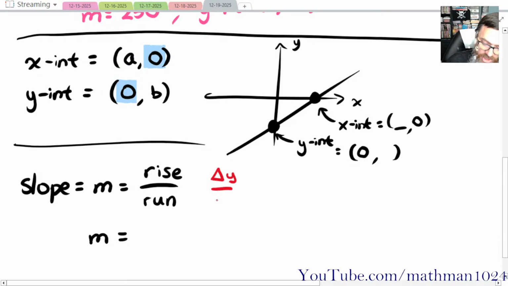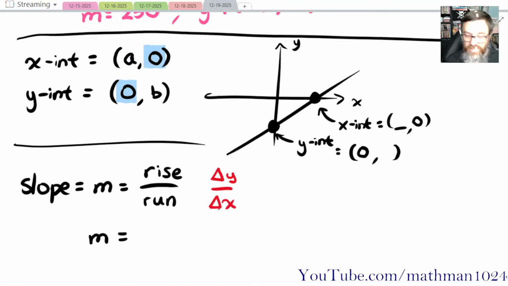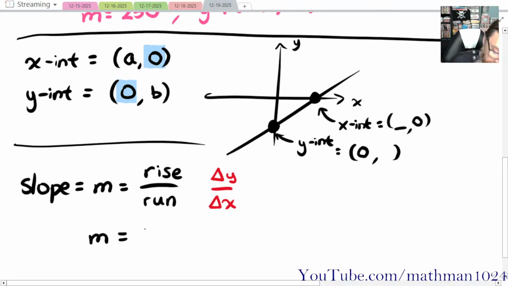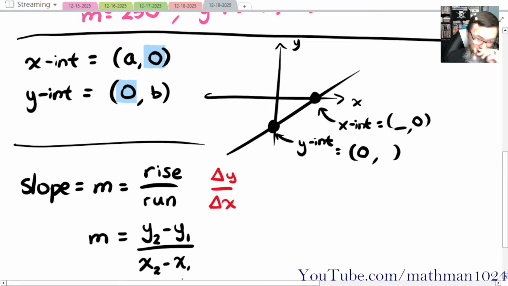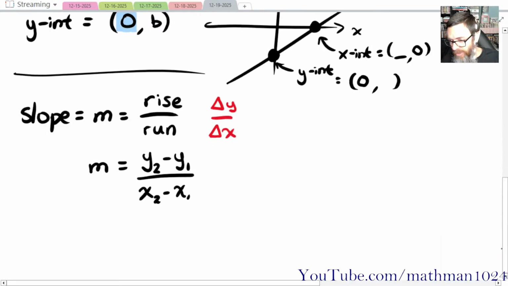We said this is the change in y over the change in x, delta y over delta x. And we talked about those changes on the first couple of pages here when we did the formula for the distance. So the change in y is the change in the y coordinates, so that needs subtraction, y2 minus y1, over the change in the x coordinates, so x2 minus x1. This is your formula for slope, which is going to be useful in a little bit.